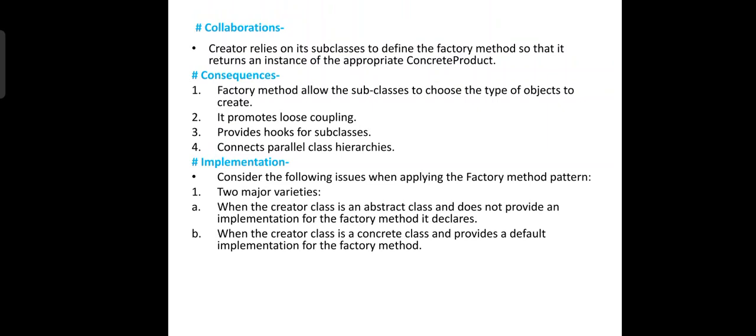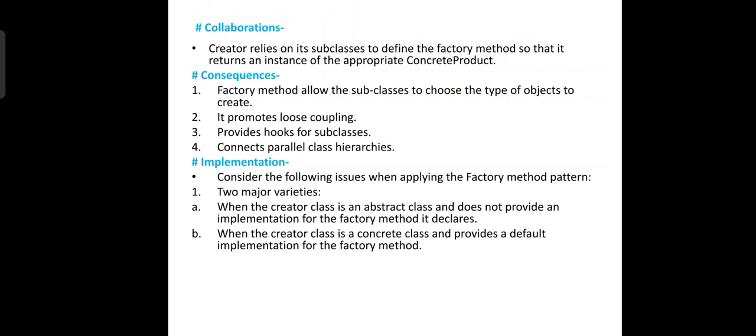It provides hooks for subclasses. Means creating objects inside a class with a factory method is always more flexible than creating an object directly. And last consequence is it connects parallel class hierarchies. Means clients can find factory method useful especially in the case of parallel class hierarchies.